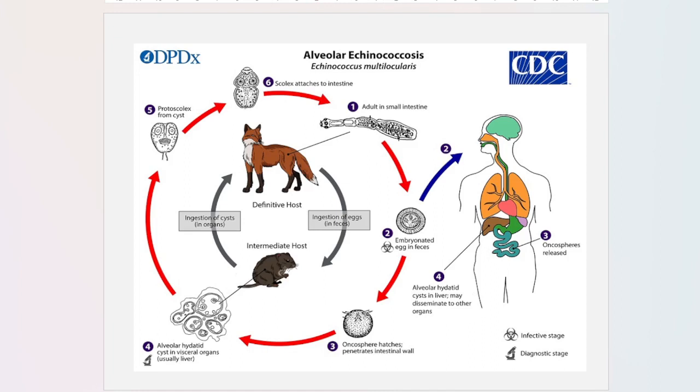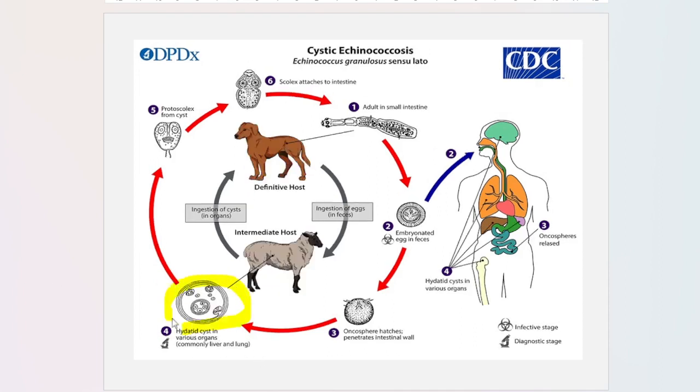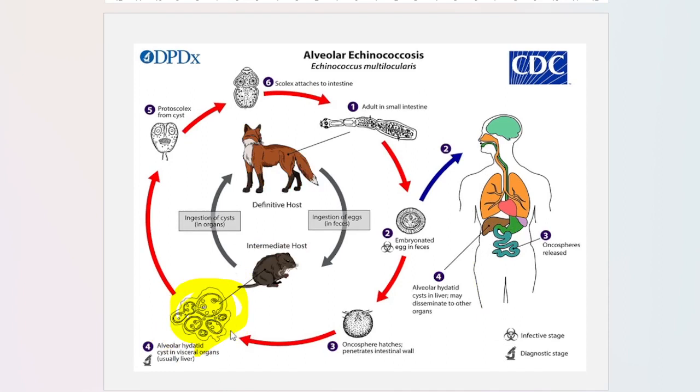Because yung oncosphere niya nagde-develop into a multi-chambered thin-walled hydatid cyst. Here guys, can you see it? Multi-chambered, kaya multilocular. Unlike dito, hindi siya multi-chambered. Dito, it's multi-chambered. So, that is the alveolar hydatid cyst.